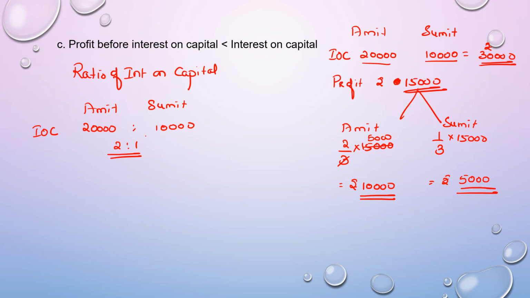So, although Amit and Sumit were entitled to, as per agreement, 20,000, 10,000 as interest on capital, as the profit was not adequate to cover the entire interest on capital, they are getting some amount, whatever is the net profit is divided among Amit and Sumit in the ratio of interest on capital. So this is a situation where the profit is inadequate and there is an appropriation of interest on capital which is more. So this is how the profit would get appropriated and the 15,000 gets divided. There is nothing else to be done because there is nothing else to be divided or appropriated after they have been given interest on capital. So that is the situation. I hope that is clear.